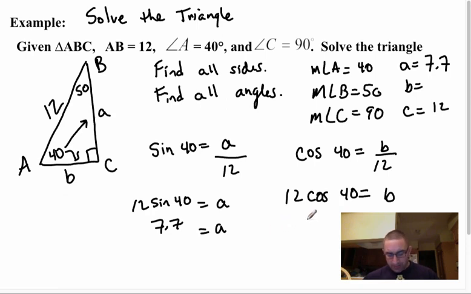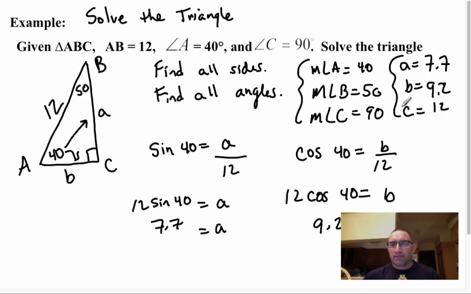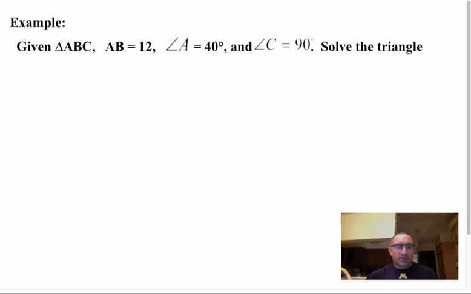Cosine of 40 times 12, and B is 9.2. And now I have all parts of the triangle, 3 angles and 3 sides. So I have solved the triangle. Alright, moving on.